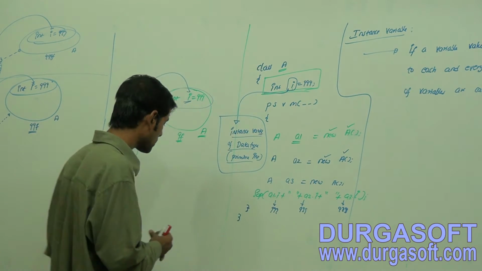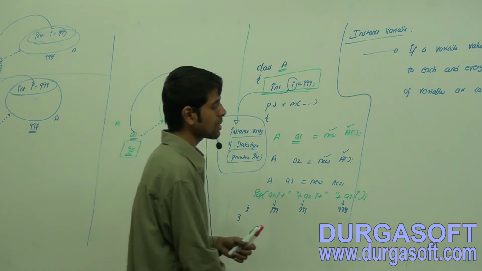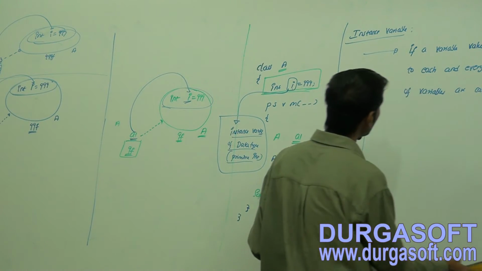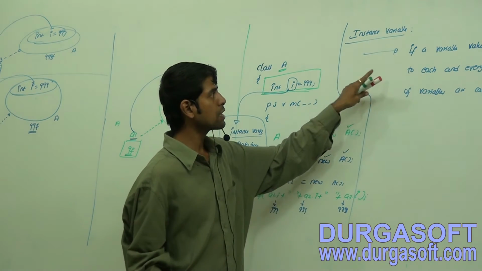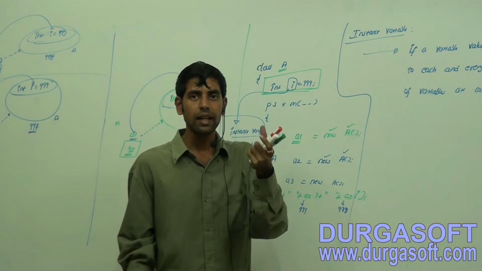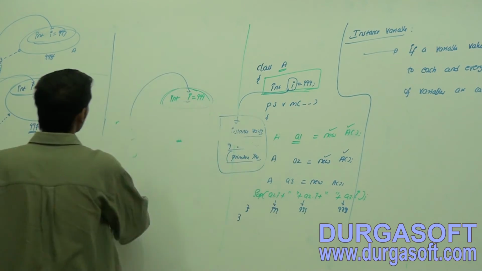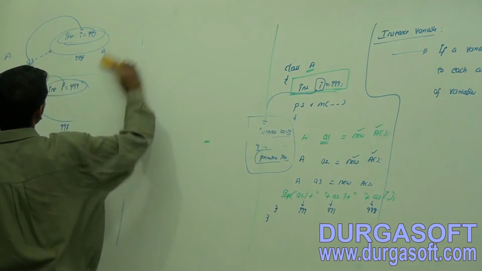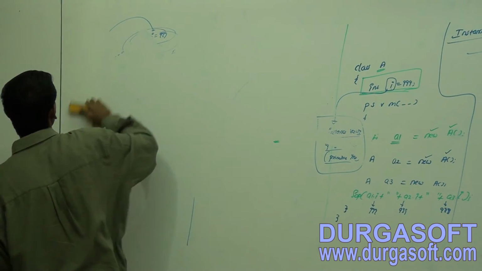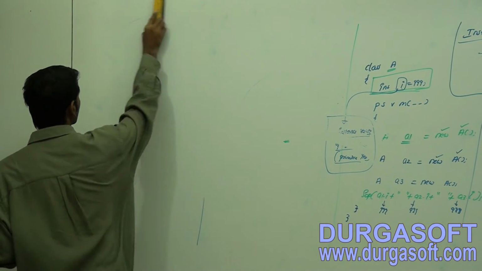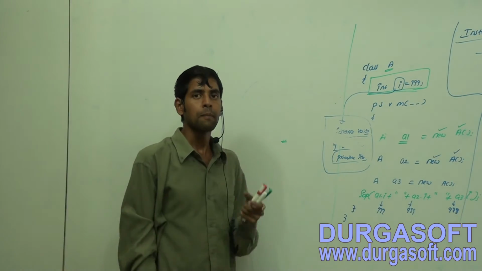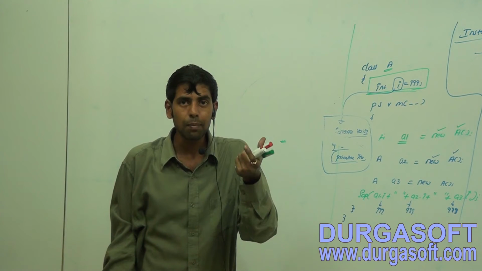Observe, what does that mean? Where do these instance variables get stored in memory? At which memory area will they get stored? They will get stored in the heap area.